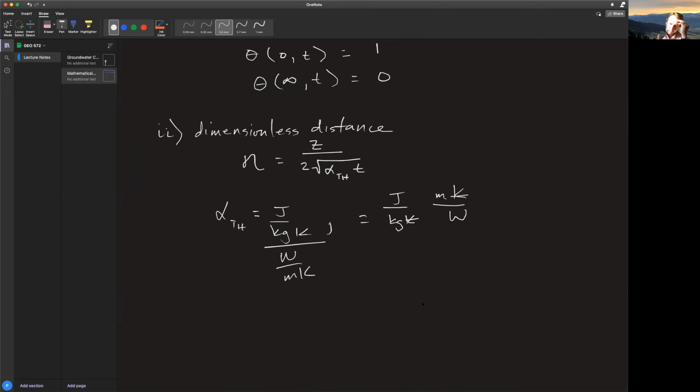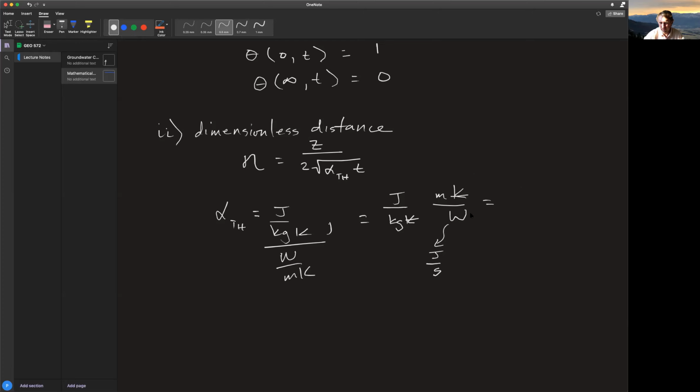Oh yeah. So what we've got to do here is remember what a joule is, or remember what a watt is. And a watt is a joule per second. So a watt is a joule per second.